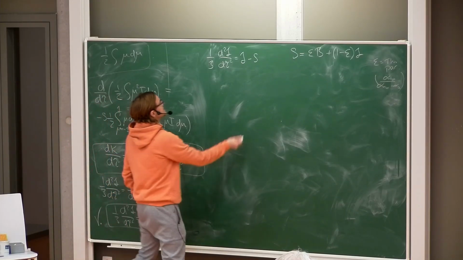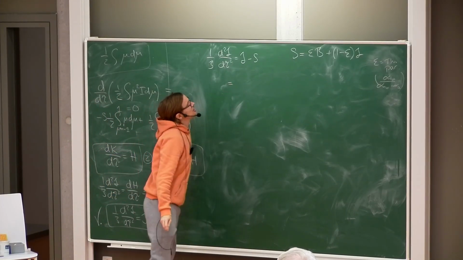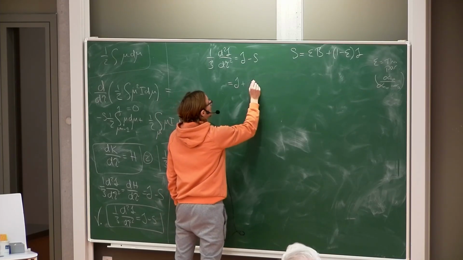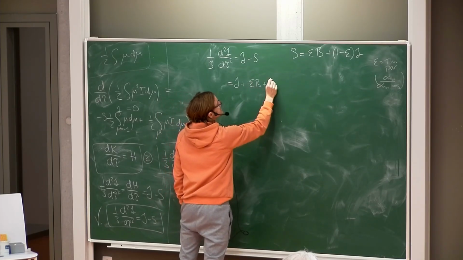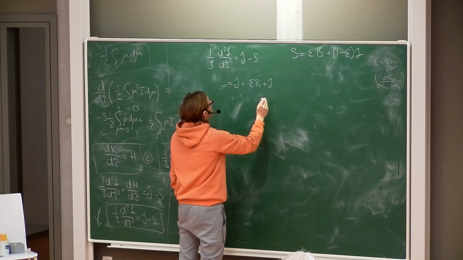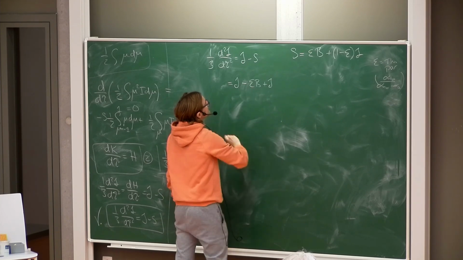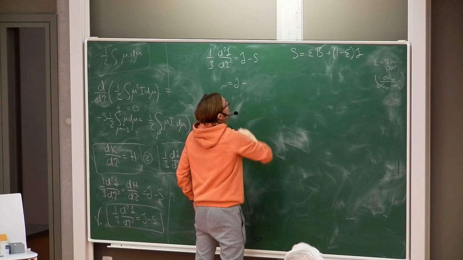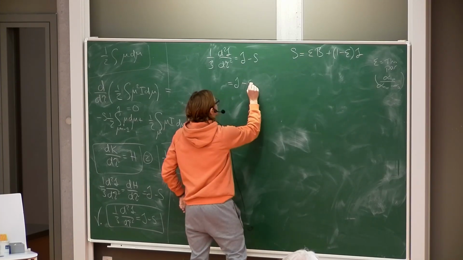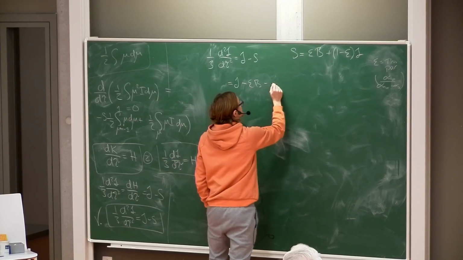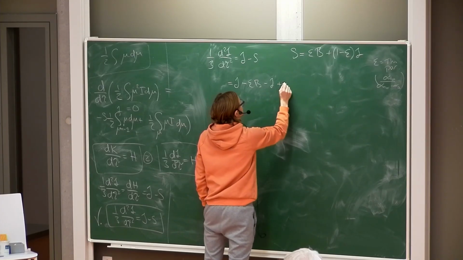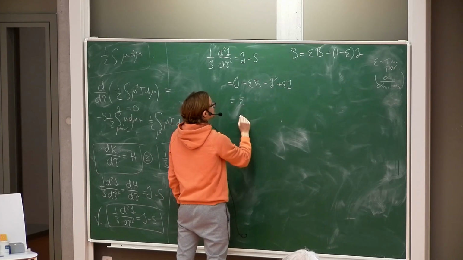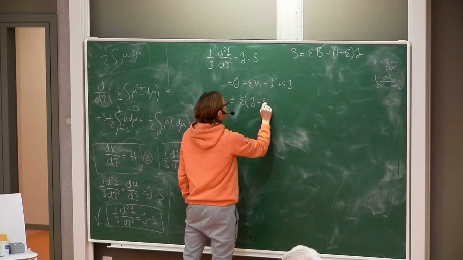If we just plug this into this equation, we see that what actually comes out is J plus epsilon B minus J minus epsilon B... so these cancel, and you're left with epsilon (J minus B).